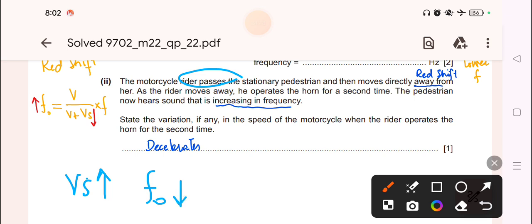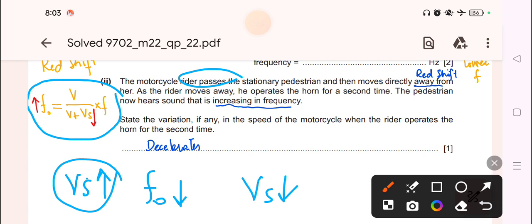It means the observed frequency is inversely proportional to this. So if the speed is decreasing, mathematically, you can say it is in the denominator, so it has an inverse relation.